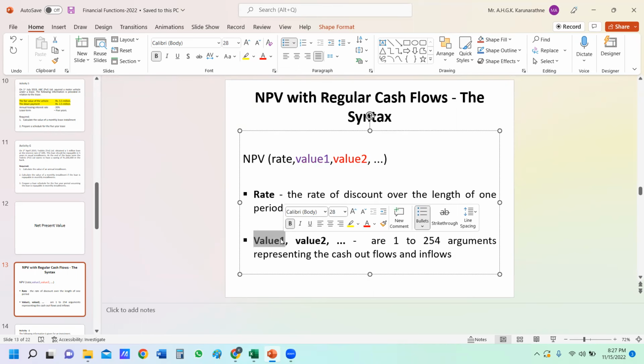One value is enough for our NPV calculation in most cases. Okay, we'll see the application of this syntax. What is the formula? Equal NPV.